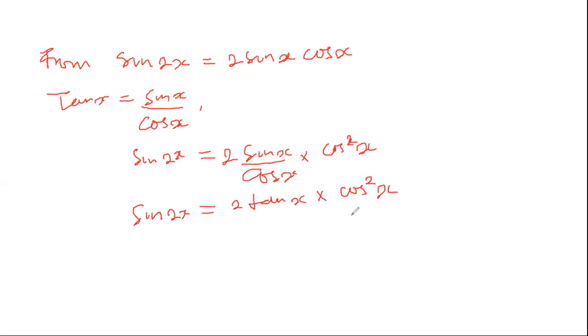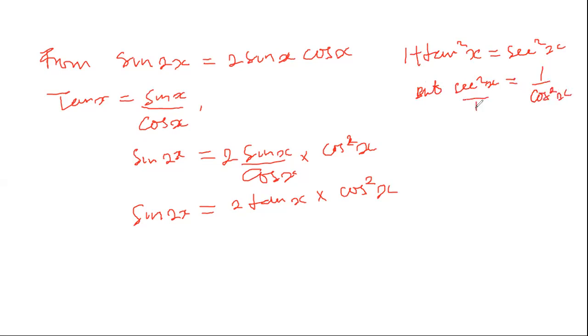So this cos squared x can be converted into sec, such that we use the Pythagoras theorem, where we have 1 plus tan squared x giving us sec squared x. We know that sec squared x is equal to 1 over cos squared x.